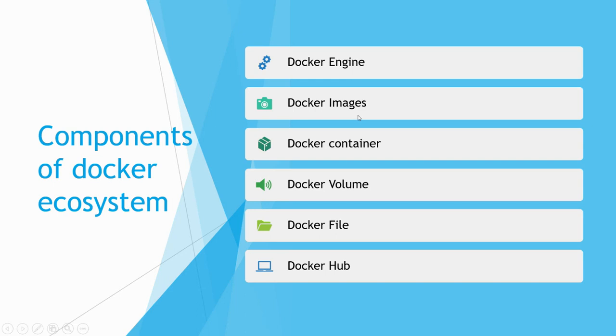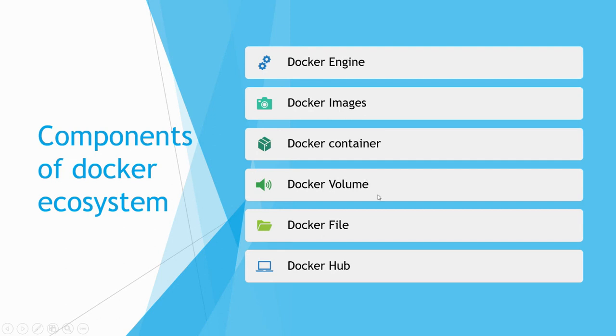Over that you will be pulling the images. To run a container you need an image of a particular operating system. So if you want Ubuntu, you can pull Ubuntu, or if you want any kind of database like MySQL, Mongo, or Microsoft SQL, you can pull that particular image and then run a container. It is a part of the ecosystem.